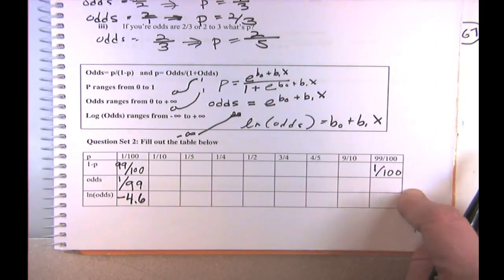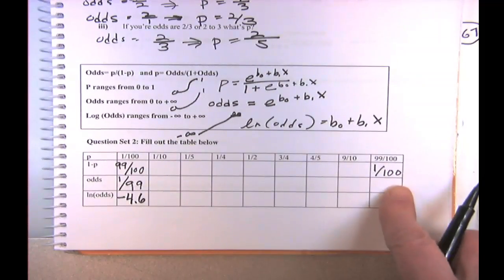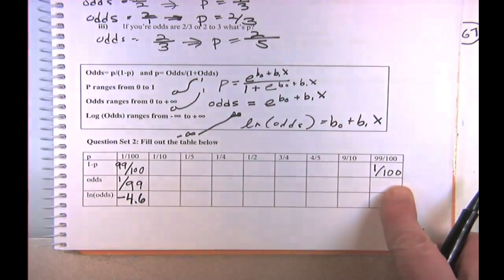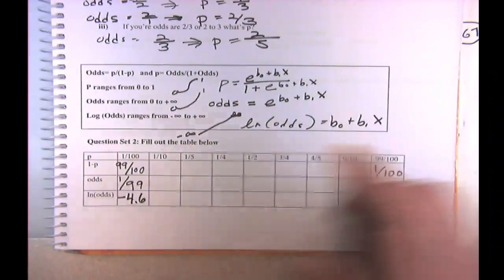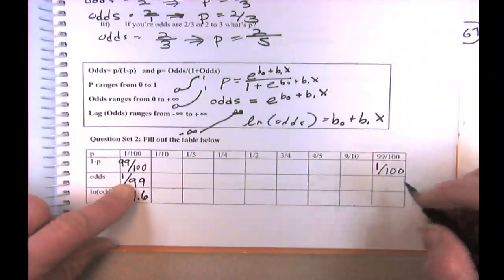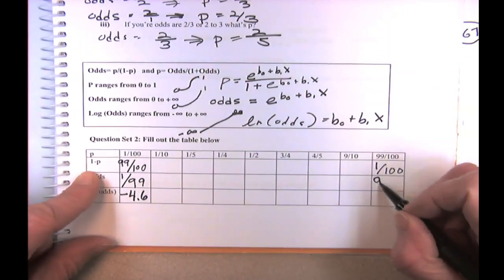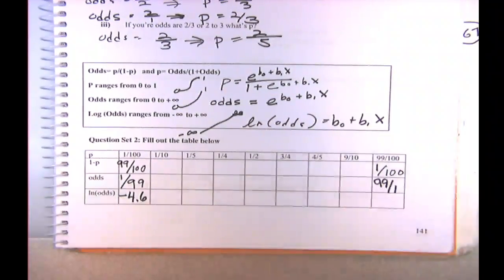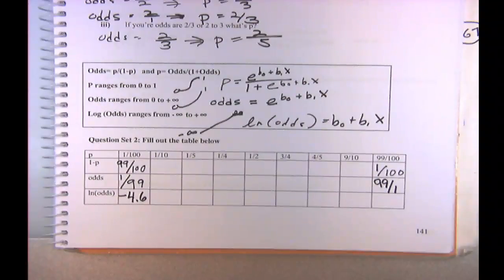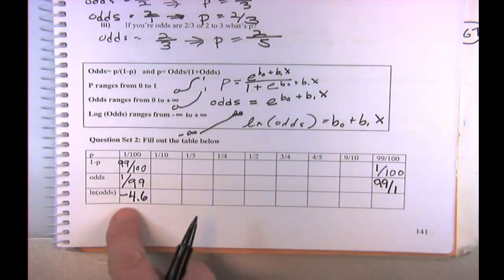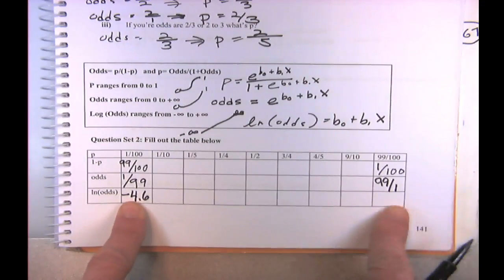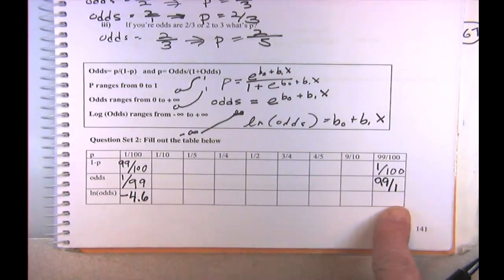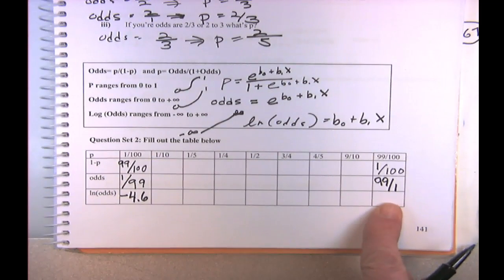Does that make sense? Now, what do you think the odds are here? Instead of 1 to 99, it's 99 to 1. Does that make sense to everybody? Those are your odds? Okay. And now, does anybody know what the log odds would be? If you're familiar with logarithms, you might know. Does anybody know?